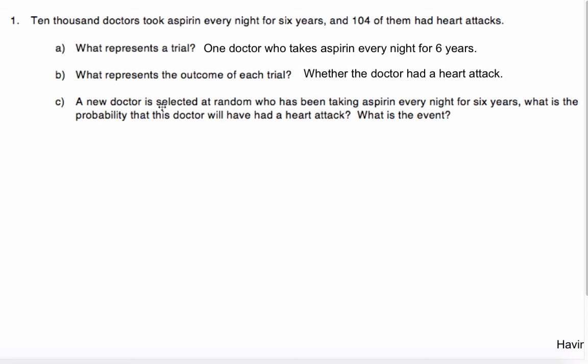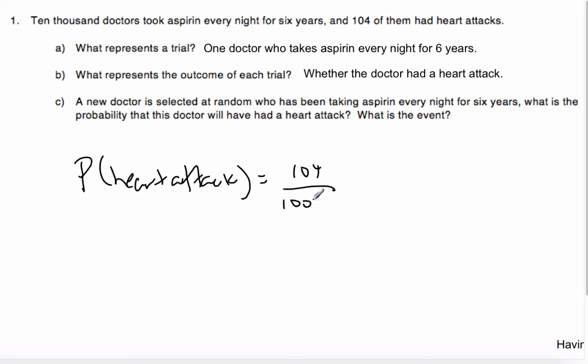And finally, a new doctor is selected at random who has been taking aspirin every night for 6 years. What is the probability that this doctor will have a heart attack? Well, the probability of a heart attack, P(heart attack), and this is an introduction to probability notation, is going to be 104 divided by 10,000, which works out to 0.0104, which is 1.04%.